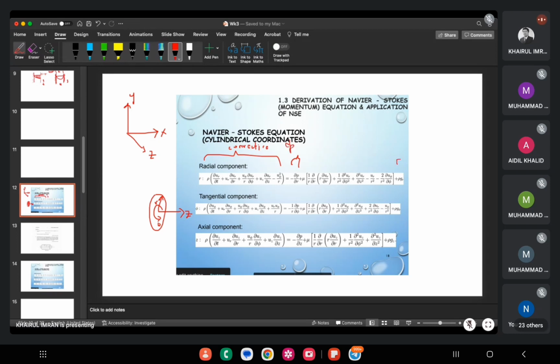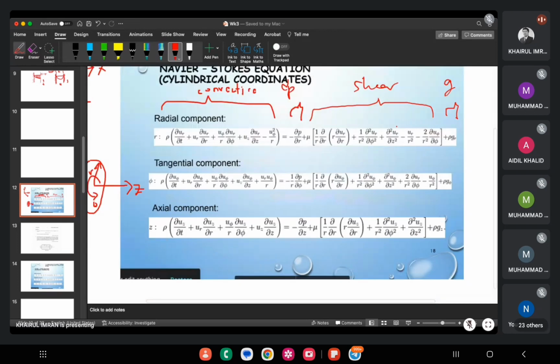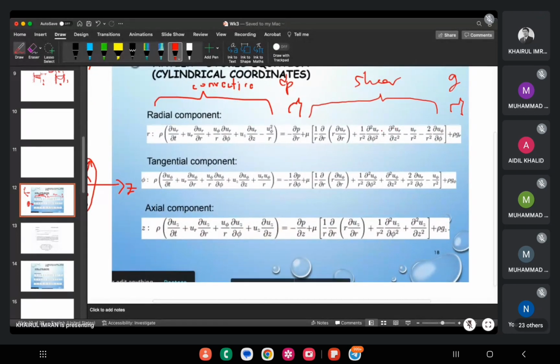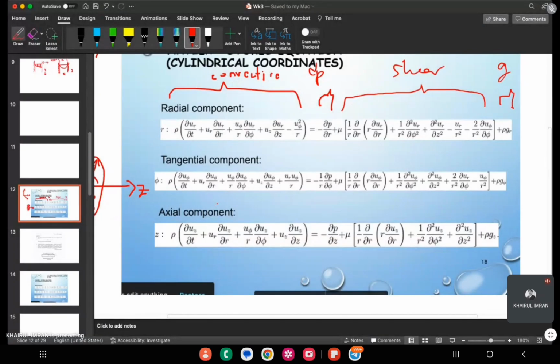And this is for gravitational effect. And this is for shearing. Shear. Okay. Right. Now take a look at the equation itself. Okay. The equation is the same. Okay, you have steady, unsteady, steady term.